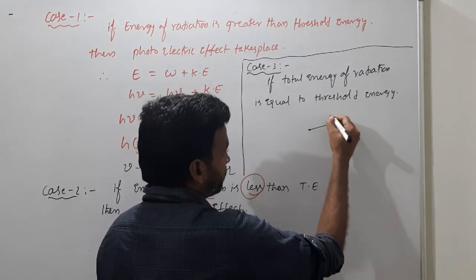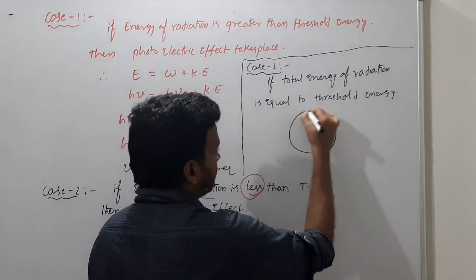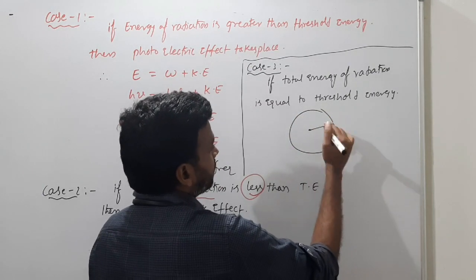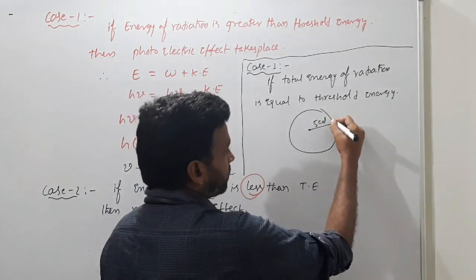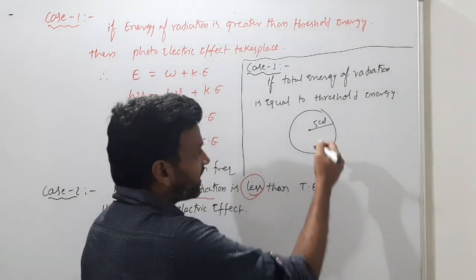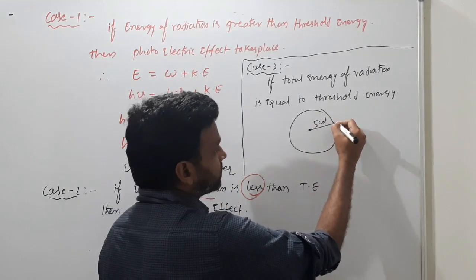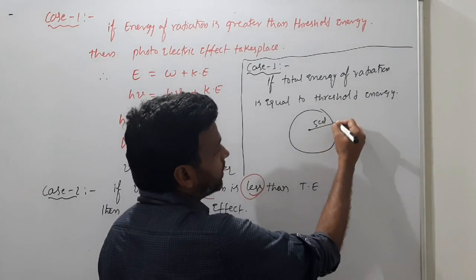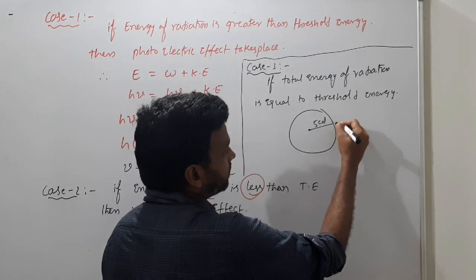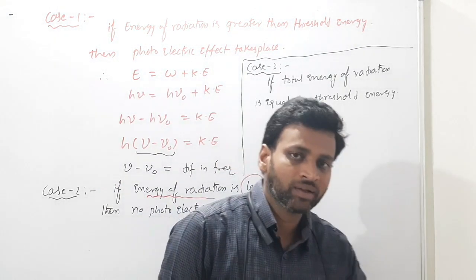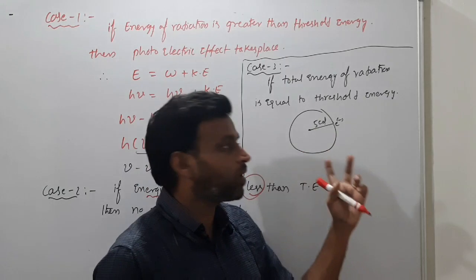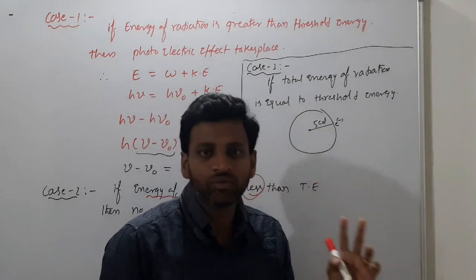Okay, so here the electron is revolving. 5 calories of energy is required. You send, sorry, I said 5 lakhs, 5 calories of energy you sent. So both will be the same: 5 calories of energy you sent, 5 calories of energy is required to overcome the attractive forces.